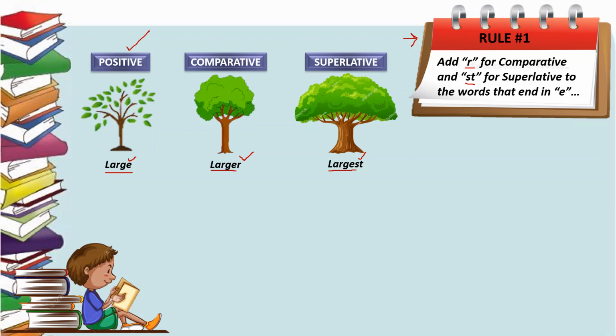So here we have the adjective large with its three degrees of comparison. That is, in positive degree, large remains as it is. In the comparative degree, large becomes larger, and in the superlative degree, large becomes largest. Let us look at one more example to understand this rule number 1 even better.